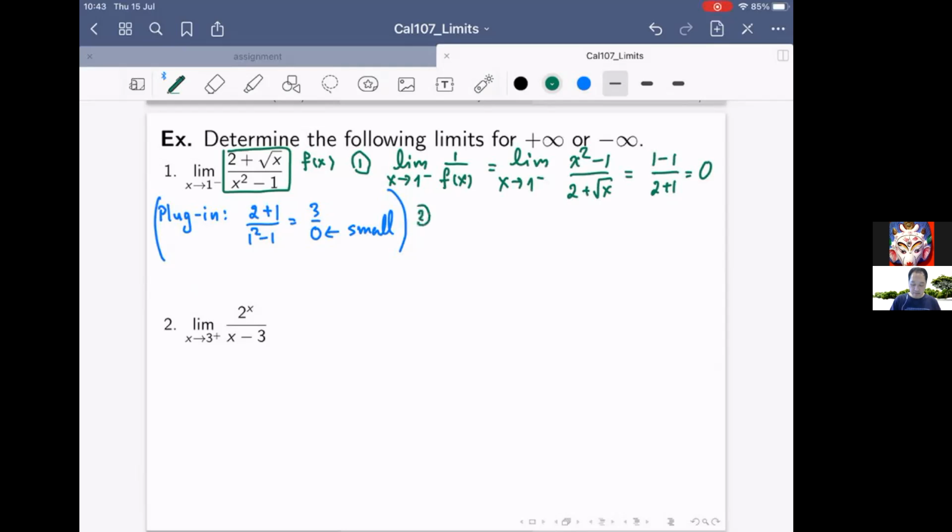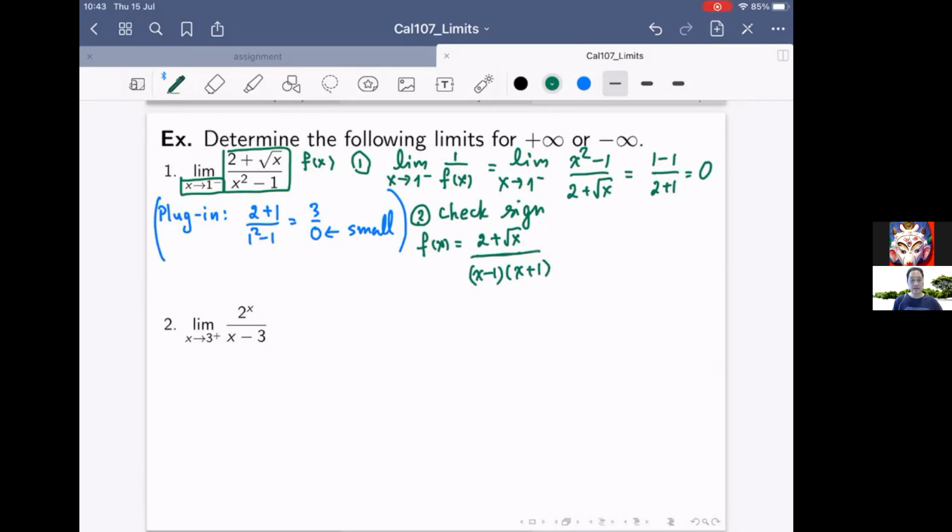The second step is to check the sign. To check the sign, you really need to look at the function and also the x value that it goes close to. So your function depends on 2 plus square root of x over x squared minus 1.